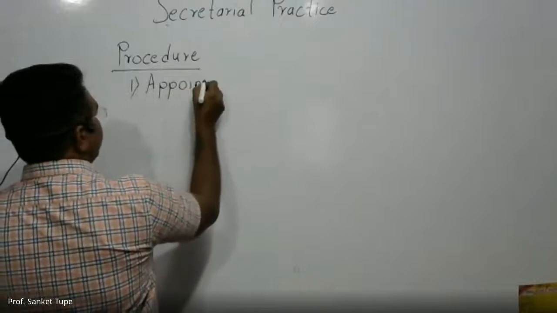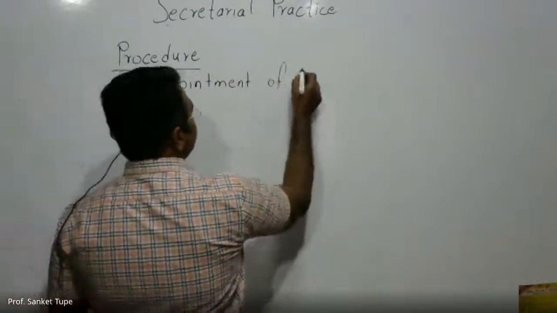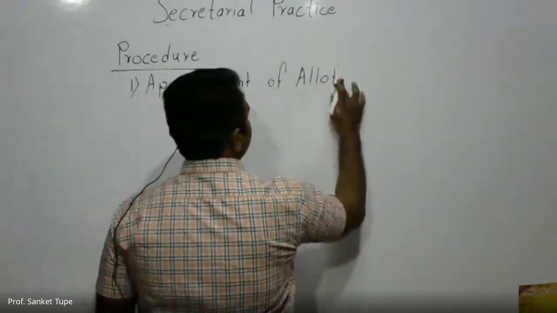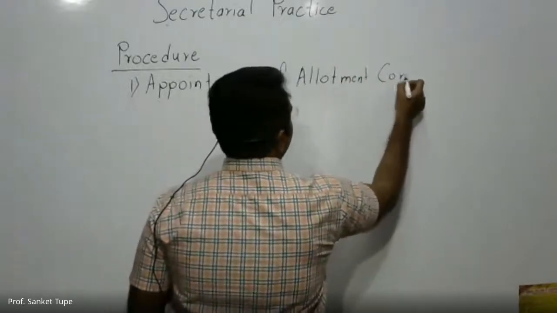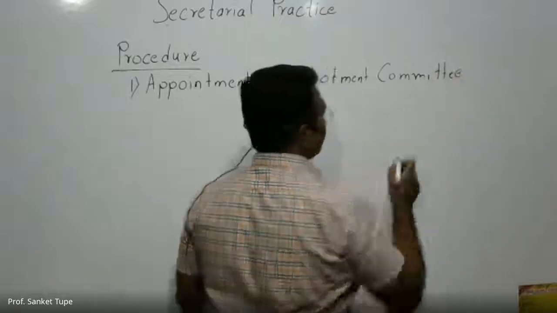Appointment of allotment committee is very important, and that committee is decided by the board of directors of the company.